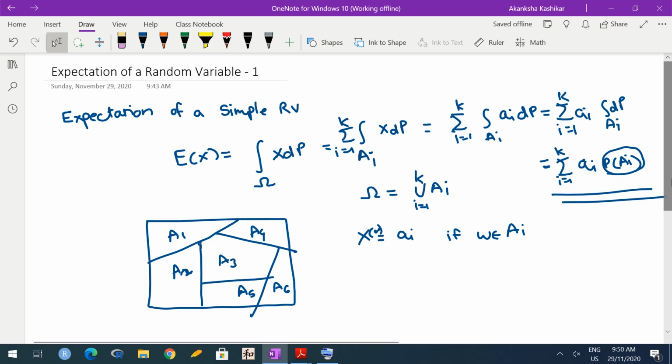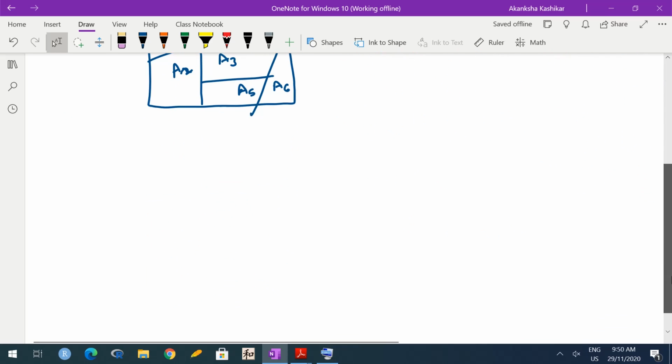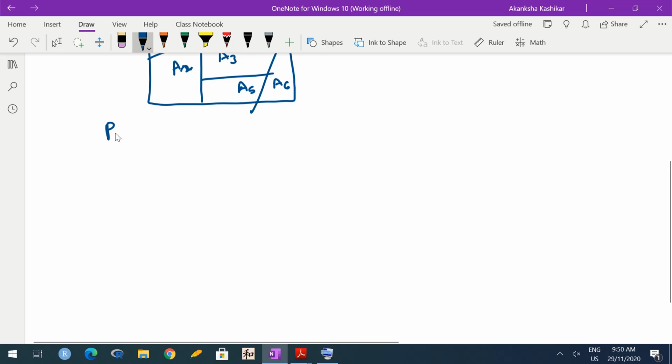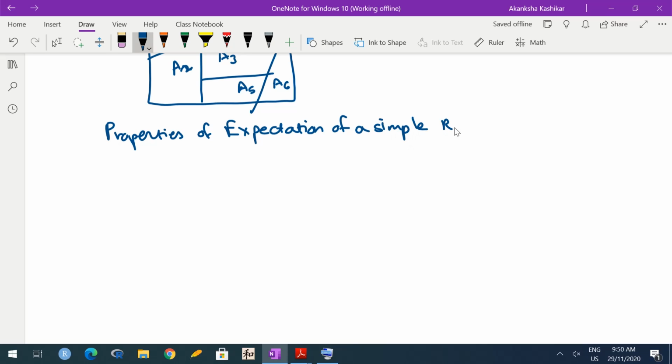It has some interesting properties. Let us list those properties now. So first is linearity. What is linearity?